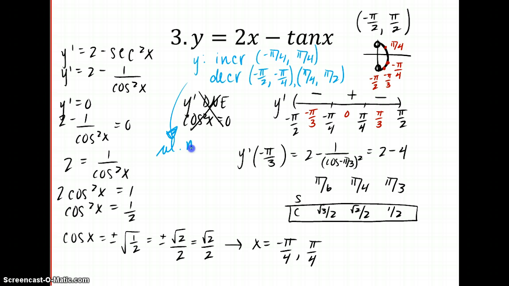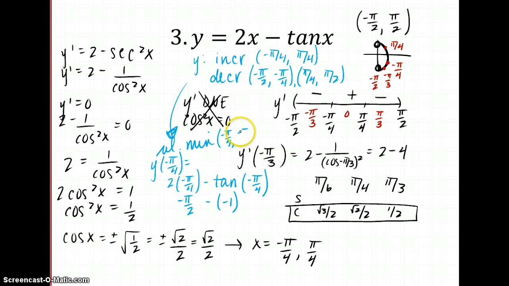We have a relative minimum at negative pi over 4, plugging that back into the original. 2 times negative pi over 4 minus tan. In the fourth quadrant, tangent is negative, so this would be minus negative 1. That would give us negative pi over 2.